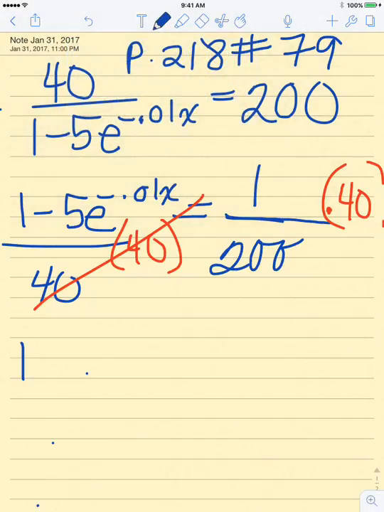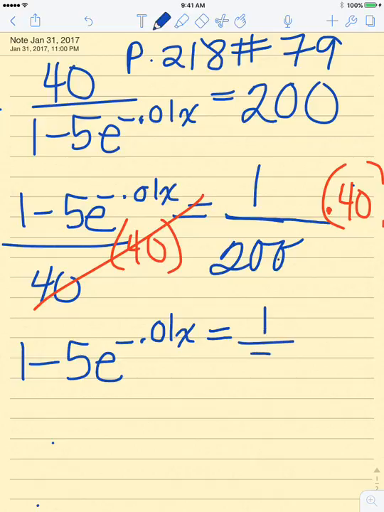So now I just have 1 minus 5e raised to the negative 0.01x power equals 40 over 200, which I'm going to reduce to 1/5. Let me just erase that dot. That's multiplication. I don't want you guys thinking that's a decimal.